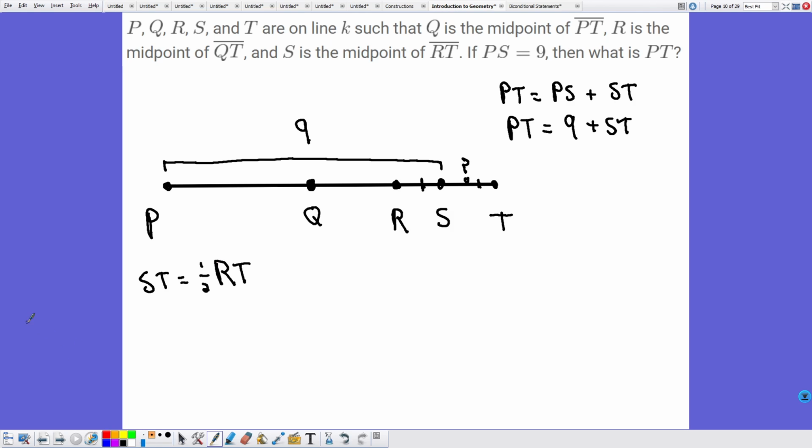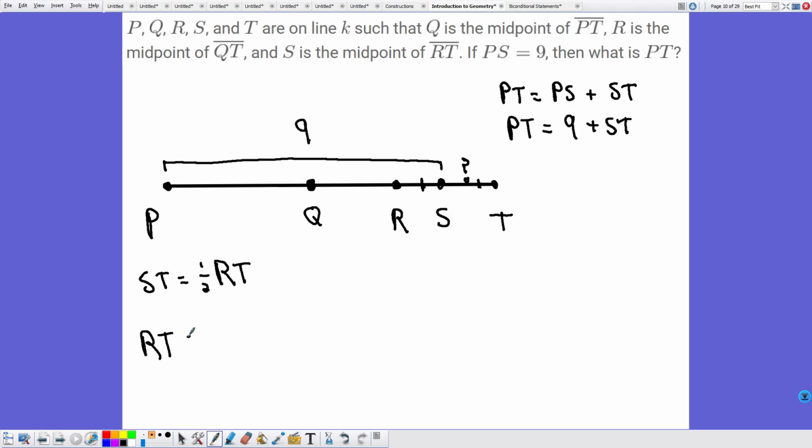Okay, that's fine, but where else can I go with this? So I don't know what the value of RT is, but I do know that R is the midpoint of QT. So I can express RT in terms of QT, just like how I expressed ST in terms of RT.